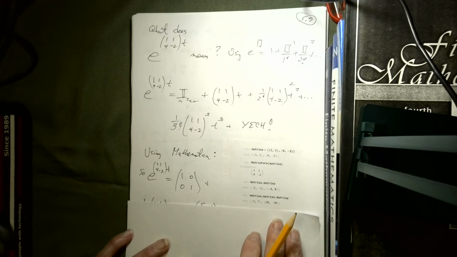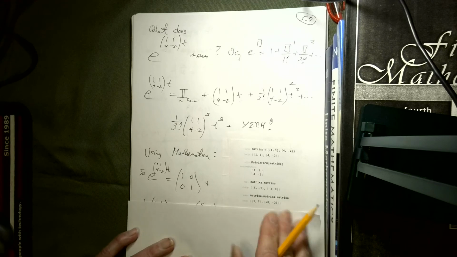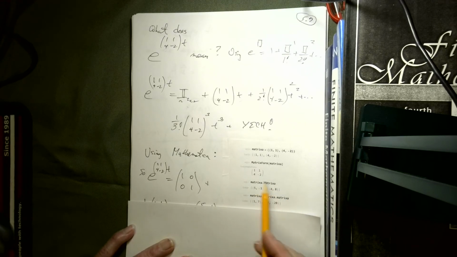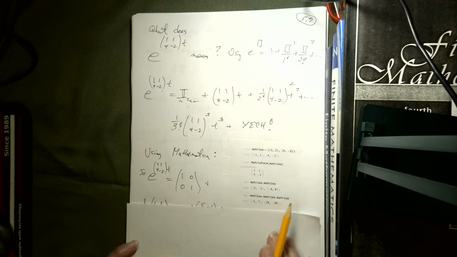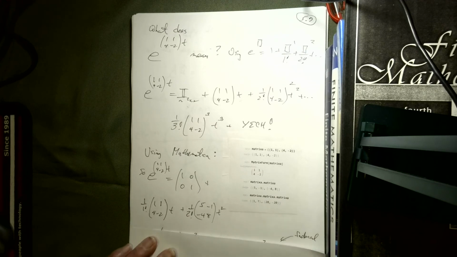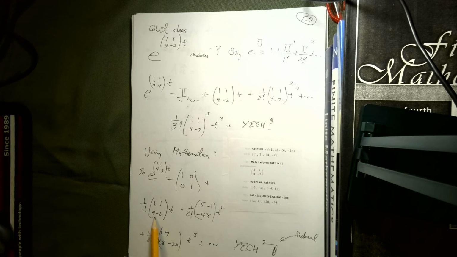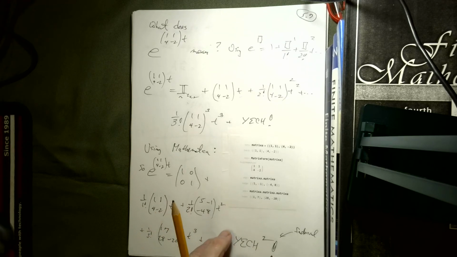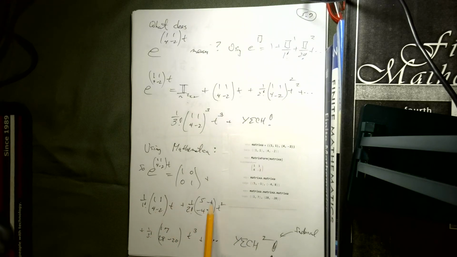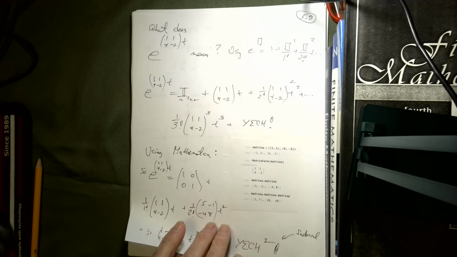This is not a course in scientific programming, so I don't want to get into all the subtleties of how to get around stuff like that. But if you notice the powers of your matrix, we start off with A, then we square this matrix, and then we cube this matrix, and you notice that the entries are getting very, very, very large. So that is not going to be the way to go.